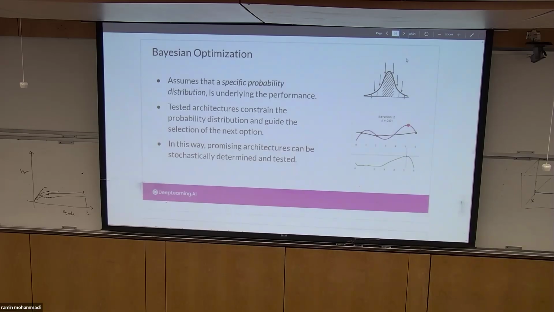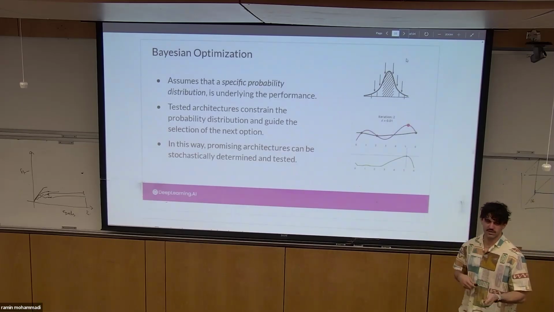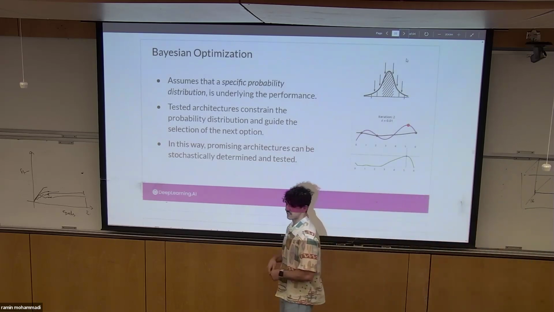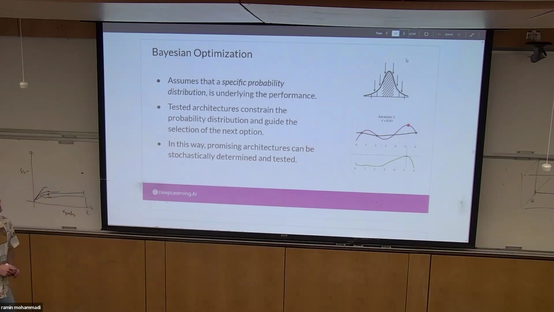The other one is Bayesian optimization, which is pretty popular. You see it in scikit-learn and Keras Tuner, they all have Bayesian optimization. The idea behind it is that we say the model's performance comes from a Gaussian distribution. Let's say this is the F1 score, the model performance.